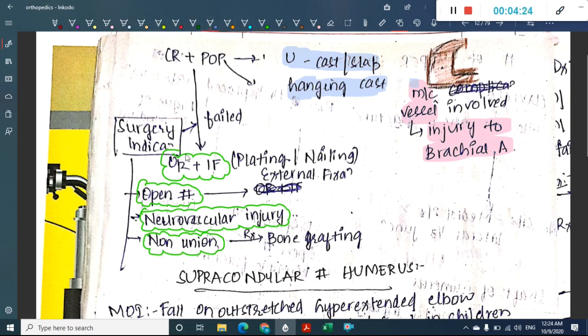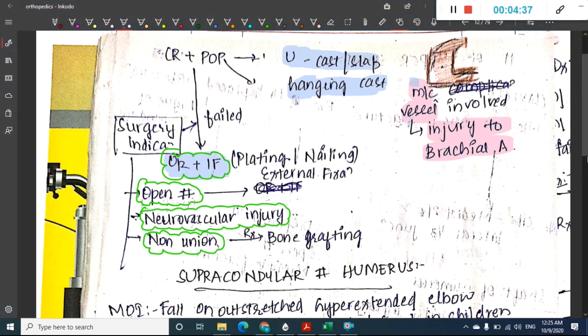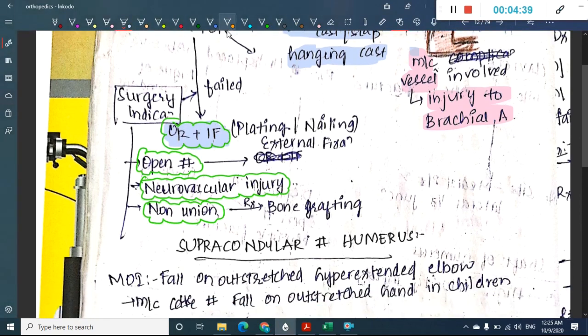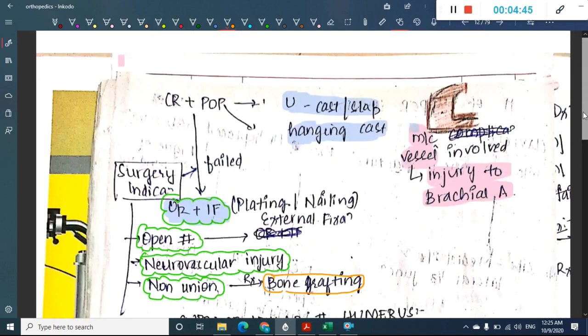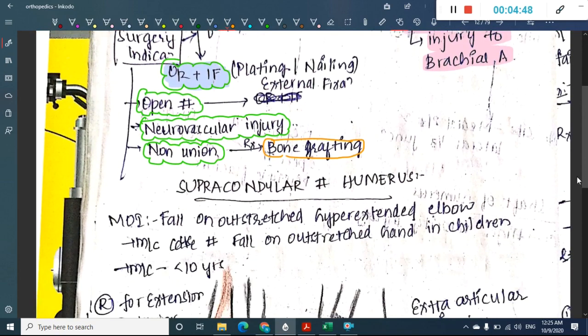There are mainly 3 indications, which are open fractures, non-union, and neurovascular injury. Then if there is non-union, what is the treatment of choice? Like any other non-union, you should do bone grafting. So this is about the fracture shaft of humerus.